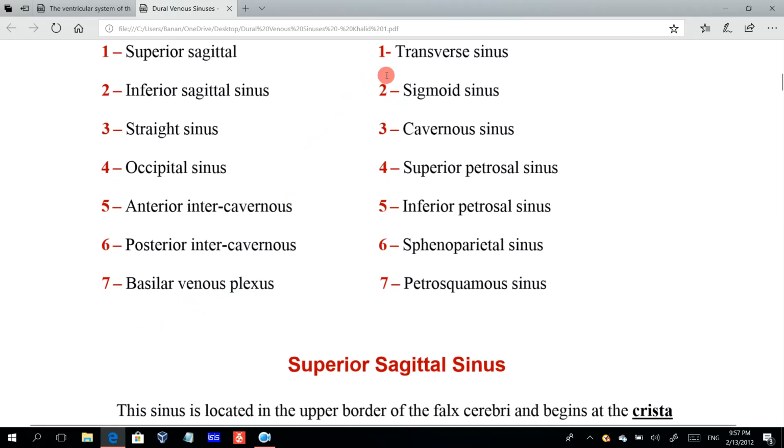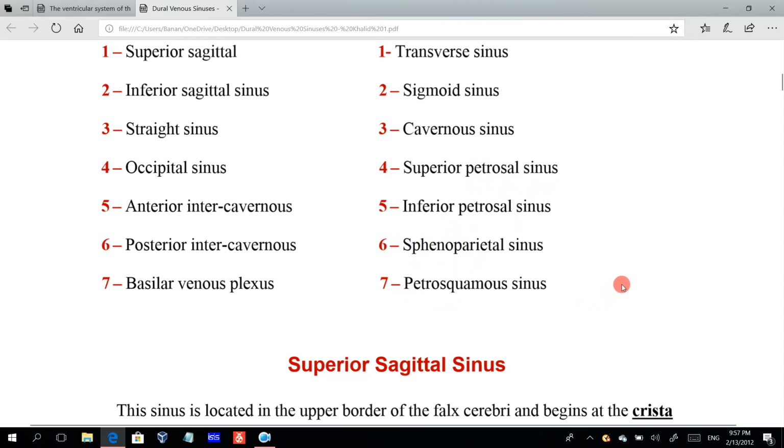The paired dural venous sinuses include the transverse sinus, the sigmoid sinus, the cavernous sinus, the superior petrosal sinus, the inferior petrosal sinus, and the sphenoparietal sinus, and the petrosal sinus.